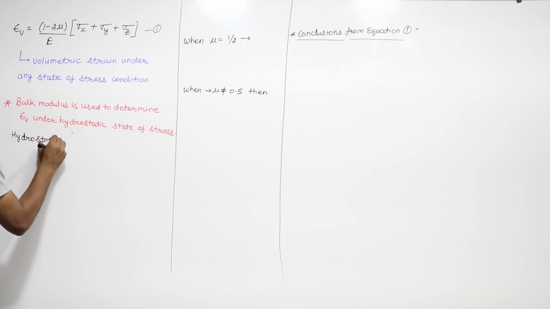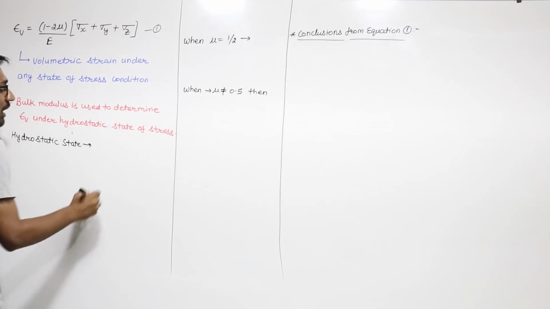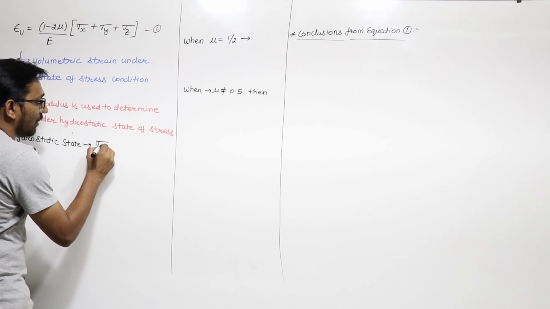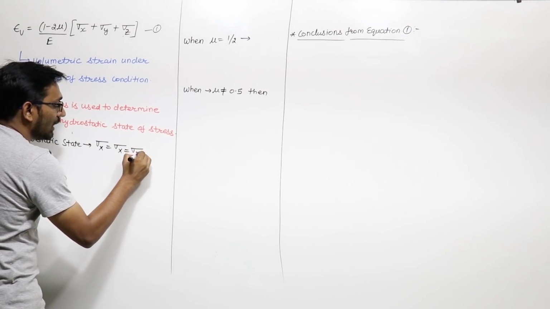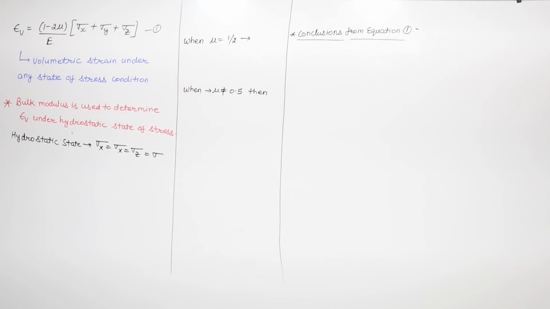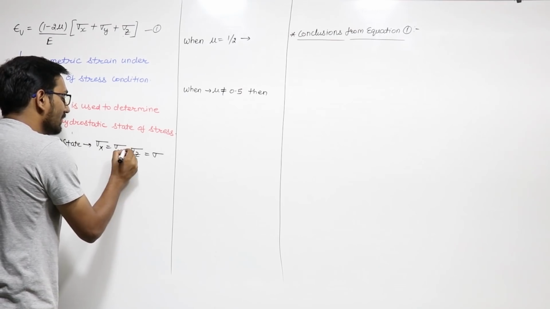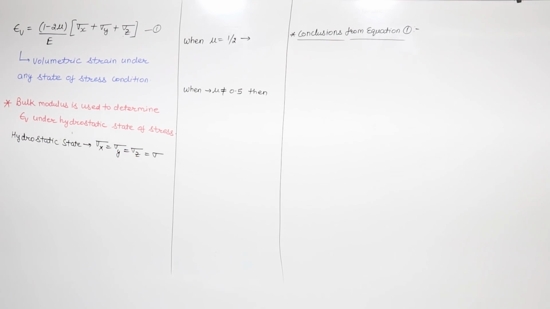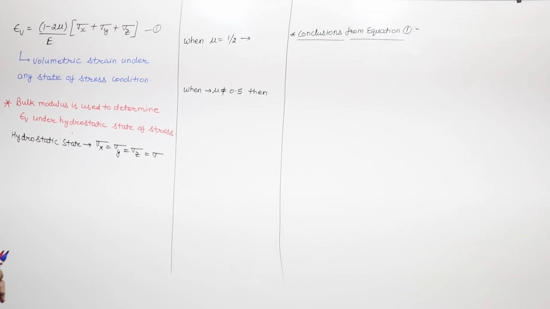Hydrostatic state means the value of normal stress in all the three perpendicular planes will be equal and the direction is also the same. That is, sigma x, sigma y and sigma z value will be the same, that is sigma, and the direction of all these three normal stresses will be equal. This is the condition of hydrostatic stress.